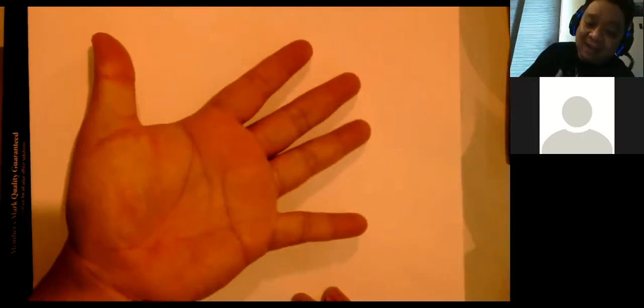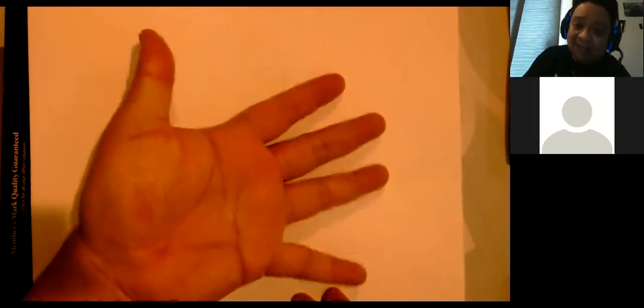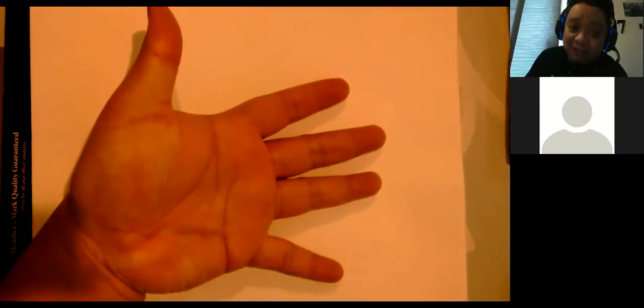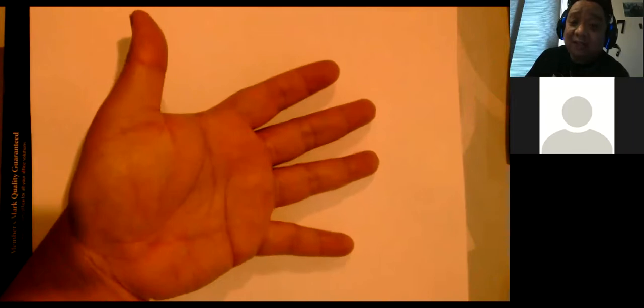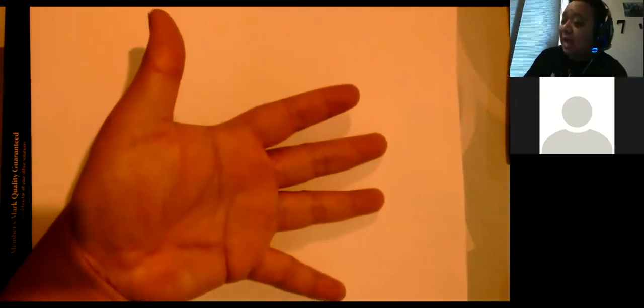I'm gonna show you how to use your hand to actually get the 6 values for your 30, your 45, and your 60-degree angles. I'm using my left hand. Basically our focus is only the 3 middle fingers.